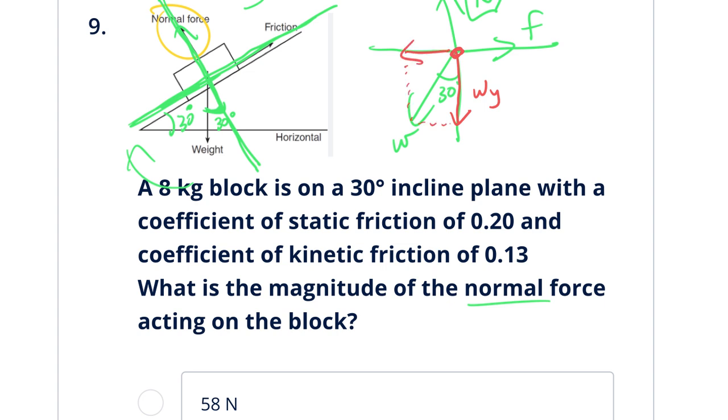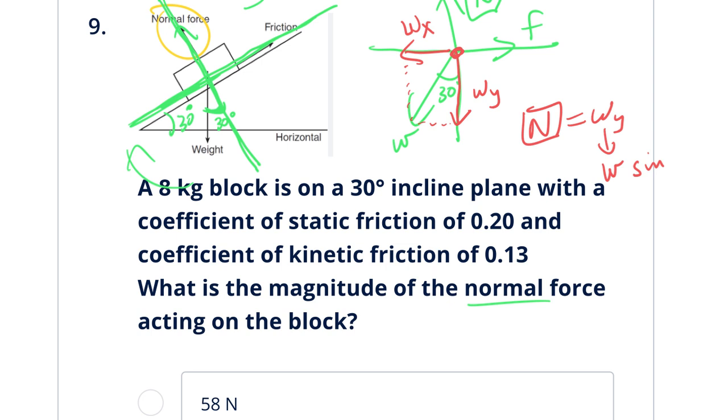There's also Wx, but I don't concern myself with that because it's along the ramp, not perpendicular. So N, the normal force, equals not the weight, but the y component of the weight. Now be careful, this is W.